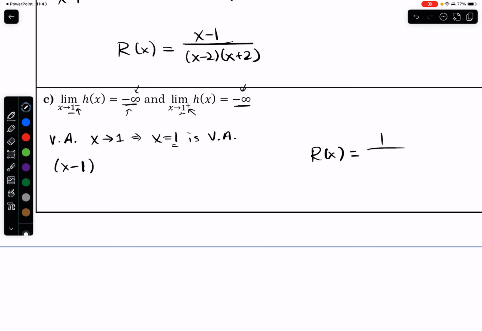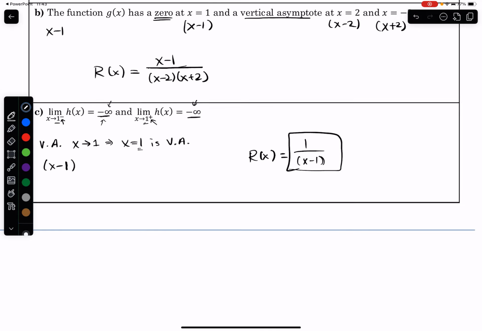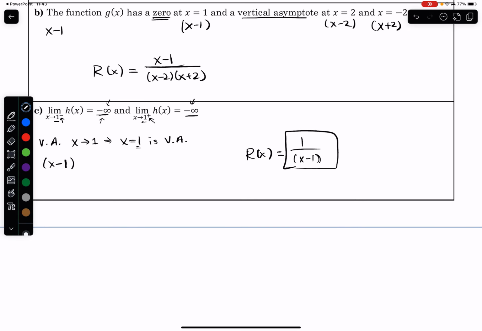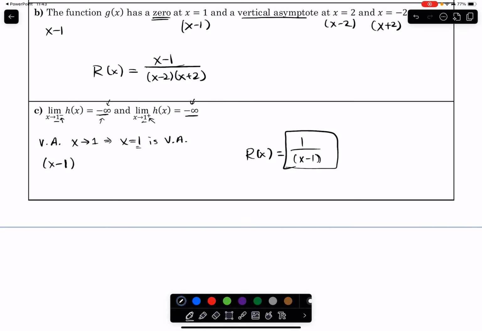But we are given that we have a vertical asymptote at x equals 1, so our denominator would have to be x minus 1. Again, just reverse engineering this. This would be the function that correlates to the concept that we have a vertical asymptote at x equals positive 1.